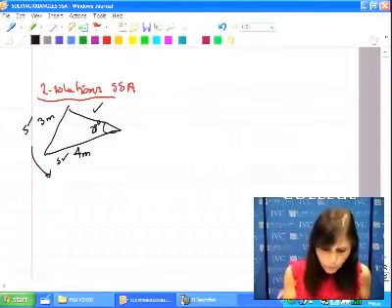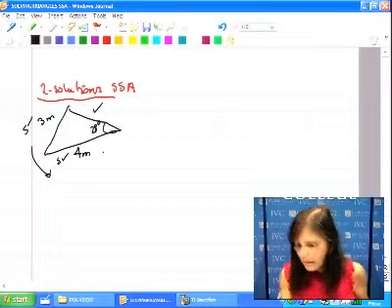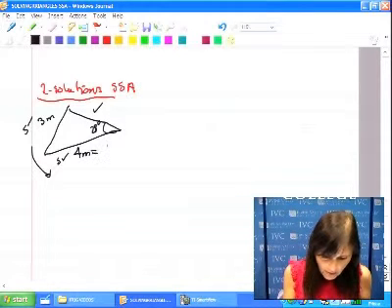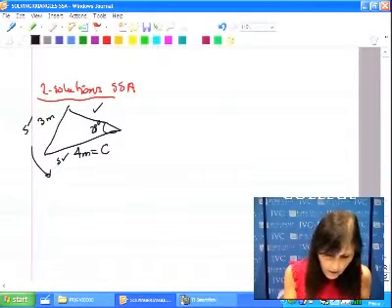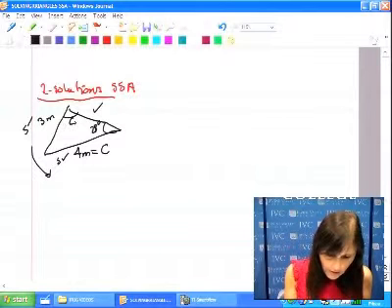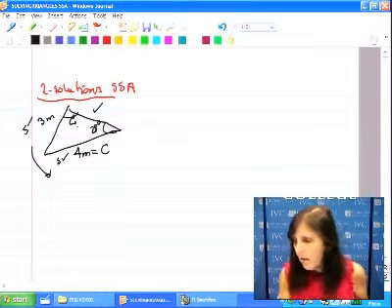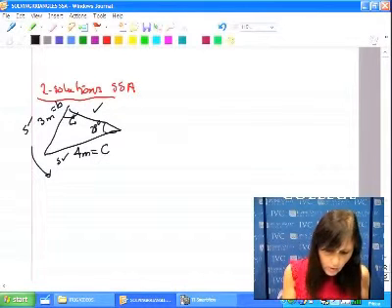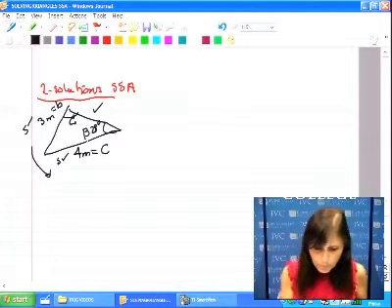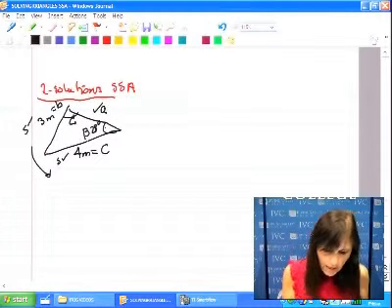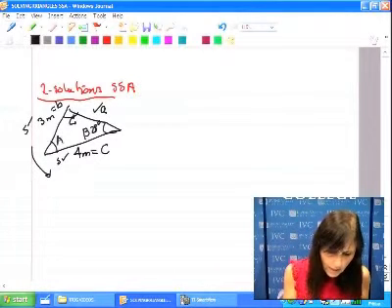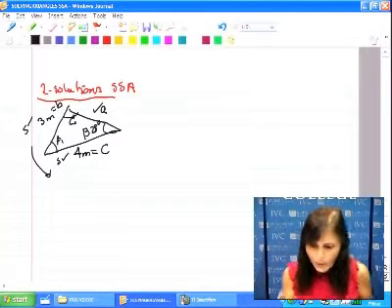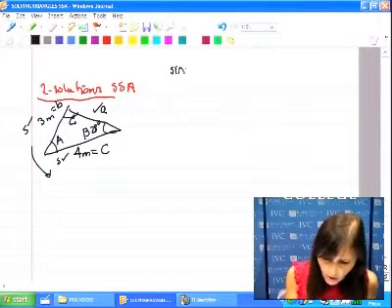So let's put this as little c, and this one is big C. All right, let's put this as little b, this one is big B. And let's put this as little a, and this one is big A. Well, we are going to start with the sine law.